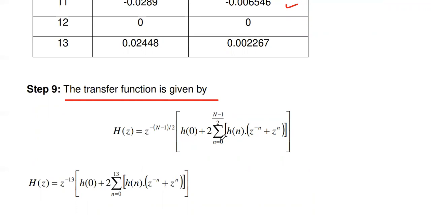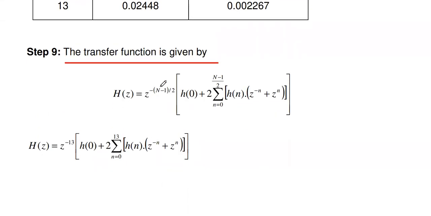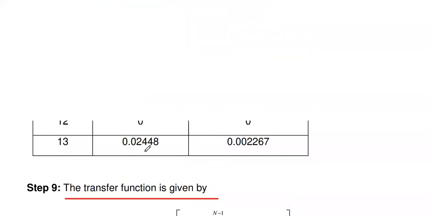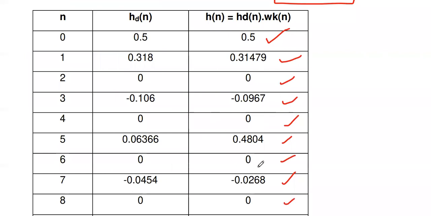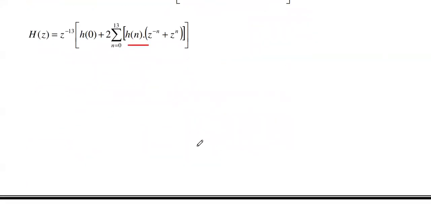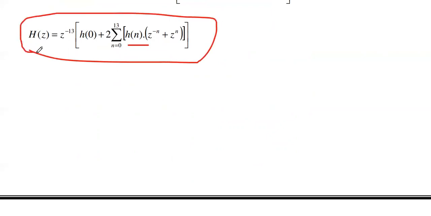You substitute the various H of n values here to get the transfer function. Here (n minus 1)/2 is 13, so Z power minus 13 into H of 0 plus 2 into the summation for n equal to 0 to 13. You expand it and substitute the H of n values to get the transfer function. So this is the design of an FIR filter using the Kaiser window.